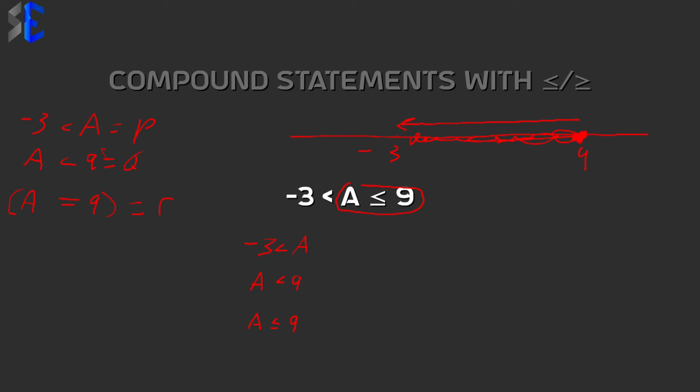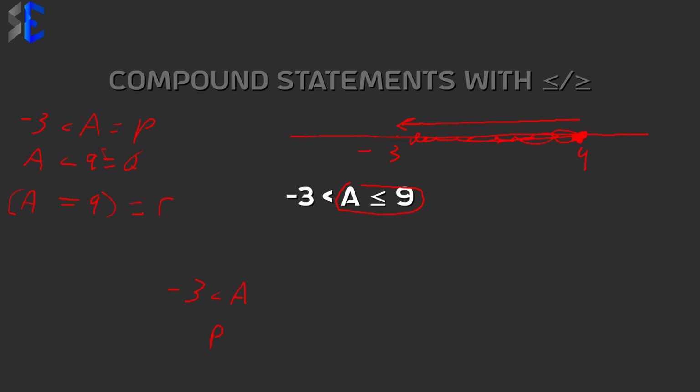And the reason that it says equal to is because if a is equal to 9, then obviously 9 is 9. So let's break this down into how you'd write this. We know that regardless of whatever, if a is -2.999 or a is 9, it is always going to be greater than -3. So first let's put -3 is less than a, and I'm going to write the common form below it just to make it look better.